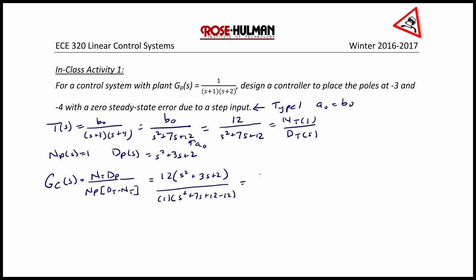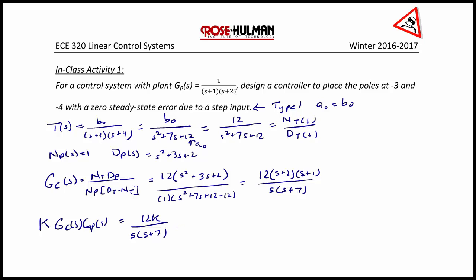And this simplifies to 12 times (s plus 2) times (s plus 1) divided by s times (s plus 7). And finally, K GC(s) GP(s) is equal to 12K over s times (s plus 7).